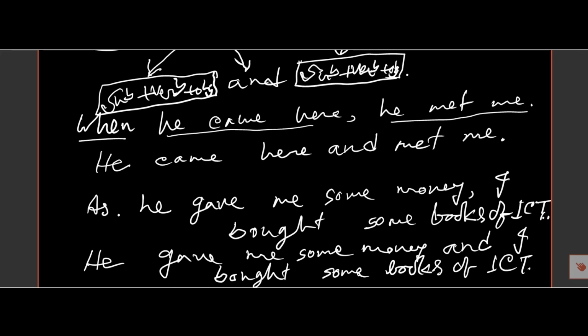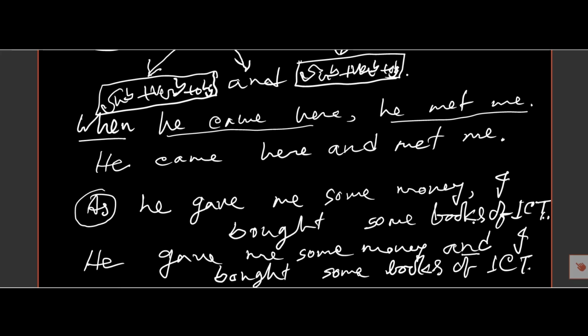So the complex sentence is, as he gave me some money, I bought some books of ICT. And for the compound sentence, we must remove this and put a conjunction and in the middle.